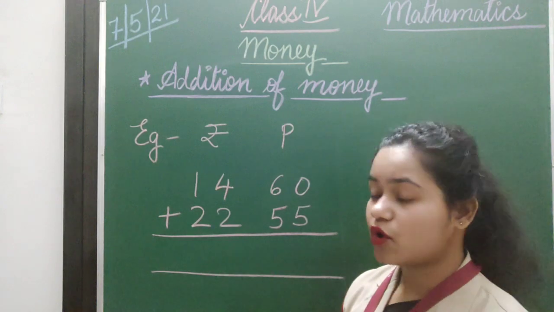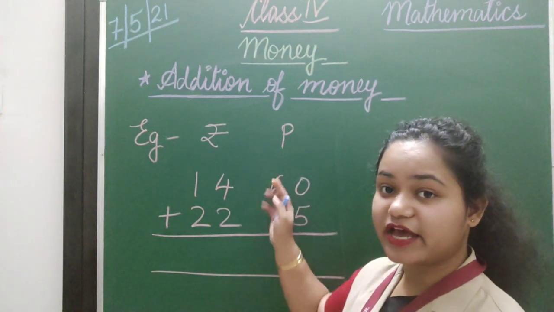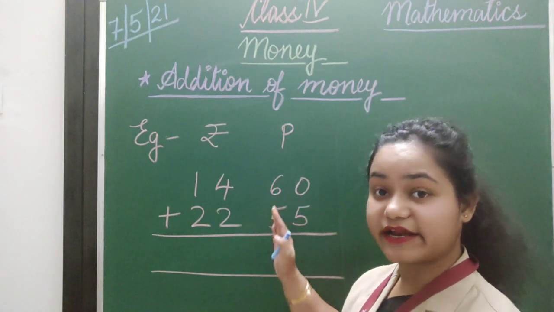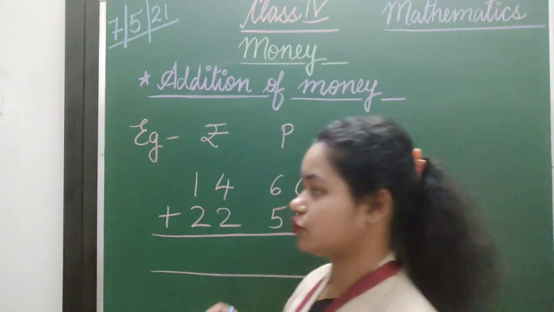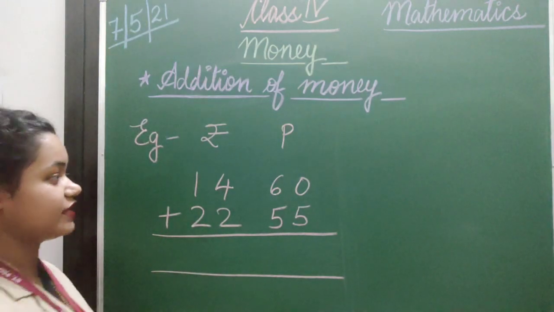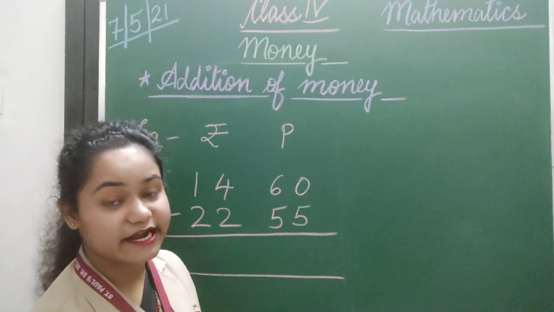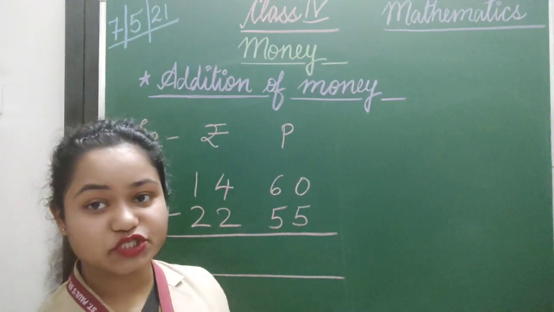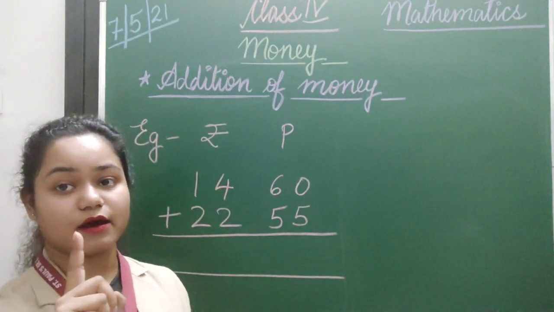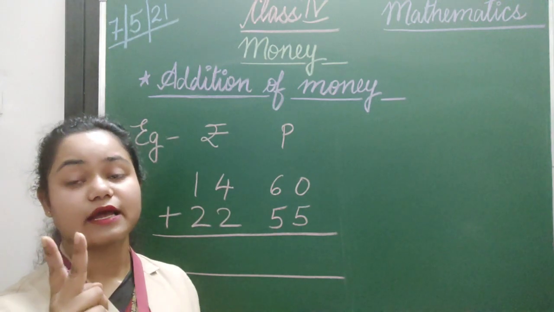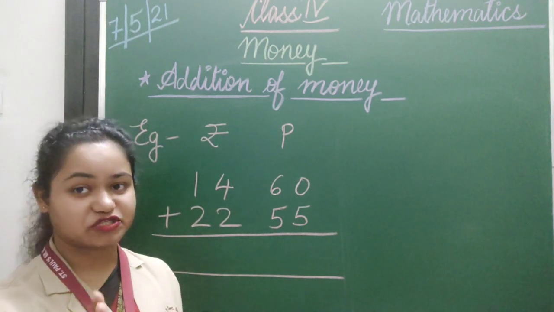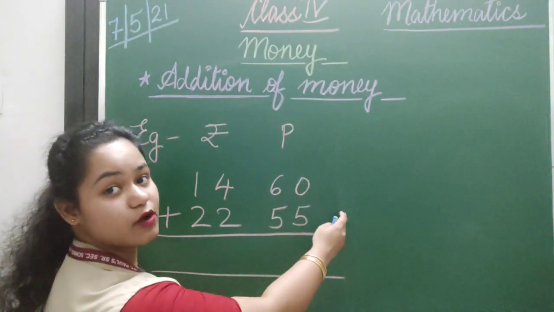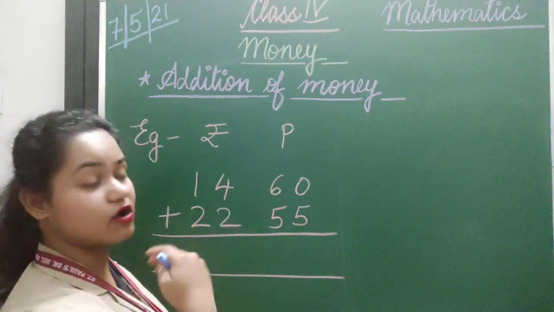Alright. If some word is used, what you have to do? You have to add those numbers together. Understood? Now, since in the example all these numbers are arranged and given to us, what we need to do is start our addition from the right hand side. Whatever calculations we do, either multiplication or addition or subtraction, in all 3 operations, you have to start from the right hand side.